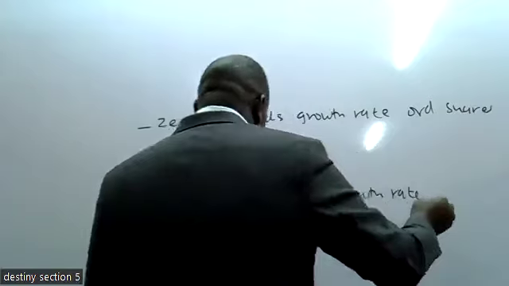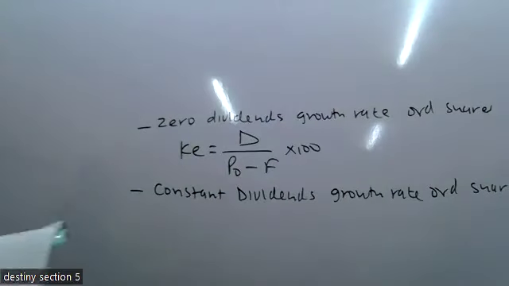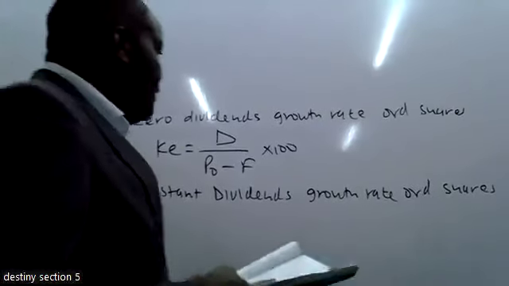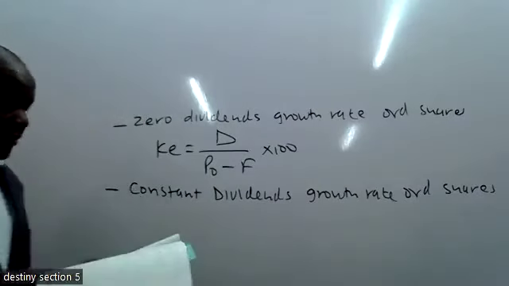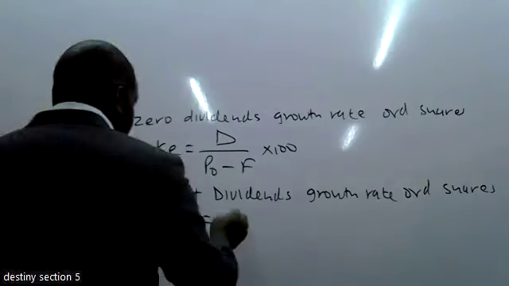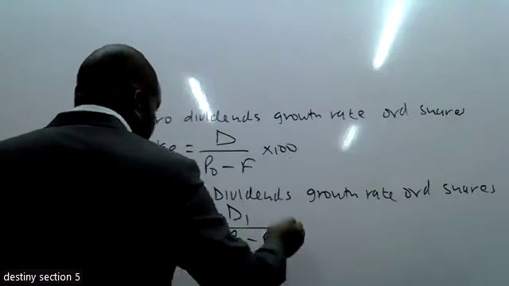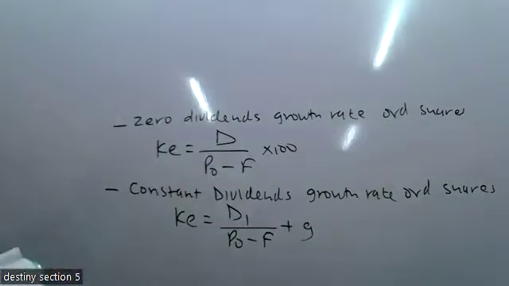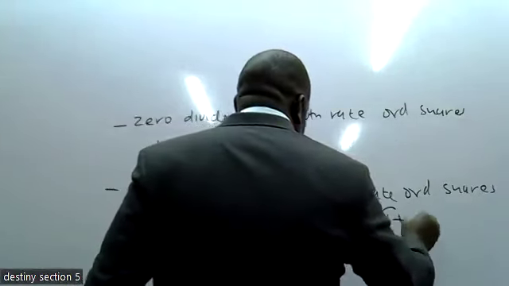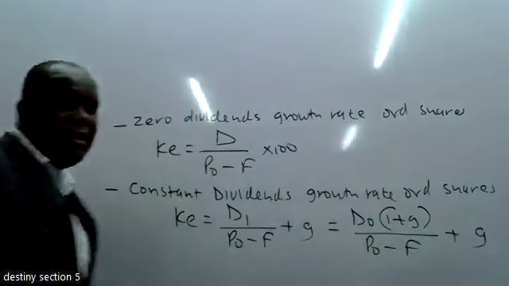For this one, KE is still the cost of the ordinary share, equal to D1 divided by PO minus F, then we add G. This is the same as D0 in brackets of 1 plus G, divided by PO minus F, then we add G.